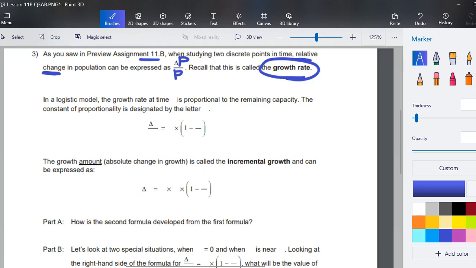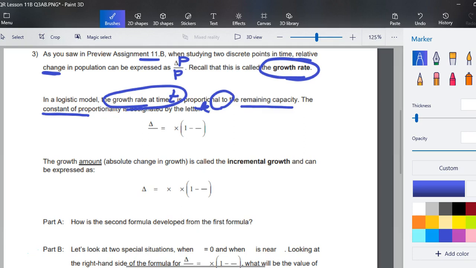In a logistic model, the growth rate at time t is proportional to the remaining capacity. The constant of proportionality, if we're proportional, is K.